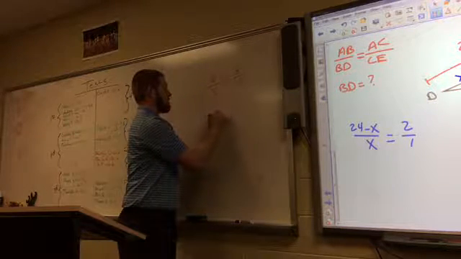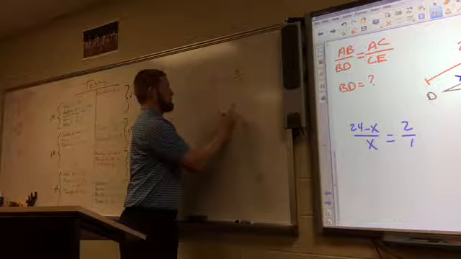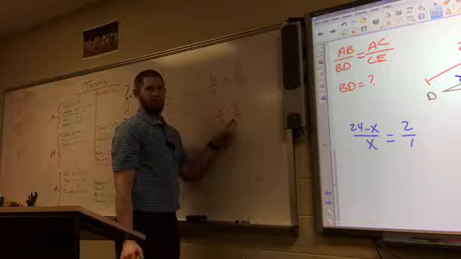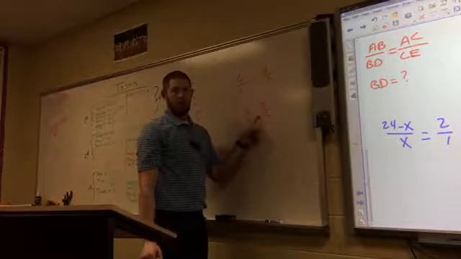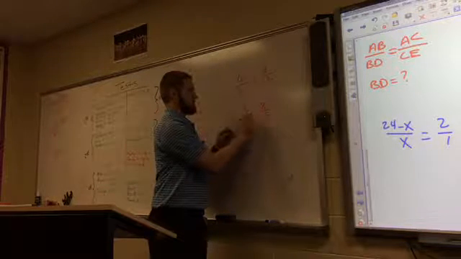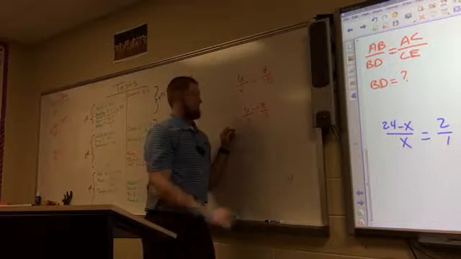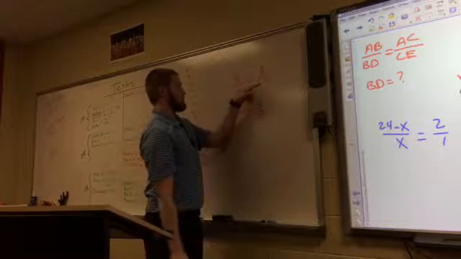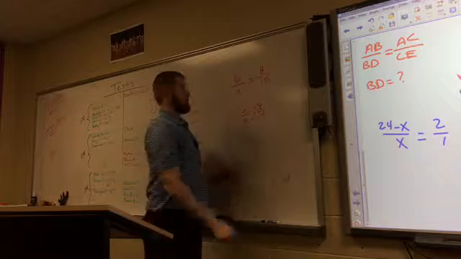Now, could I cross-reduce this? 6 over x times 8 over 15. Yes, because I'm multiplying two fractions. When you multiply two fractions, you go straight across, right? You guys agree with that? So the 6 is staying on top and the 15 is staying on the bottom. With a proportion, you're bringing everything to the top.